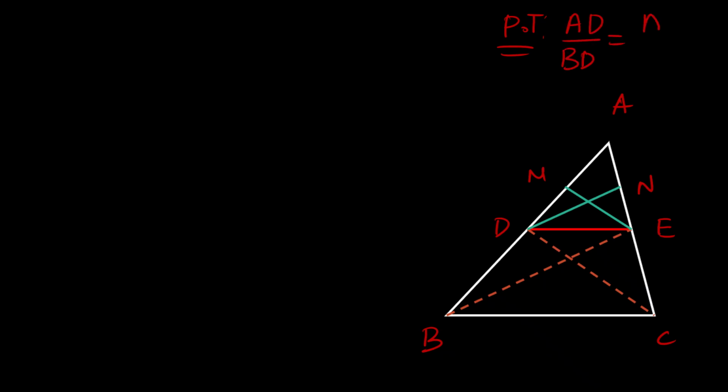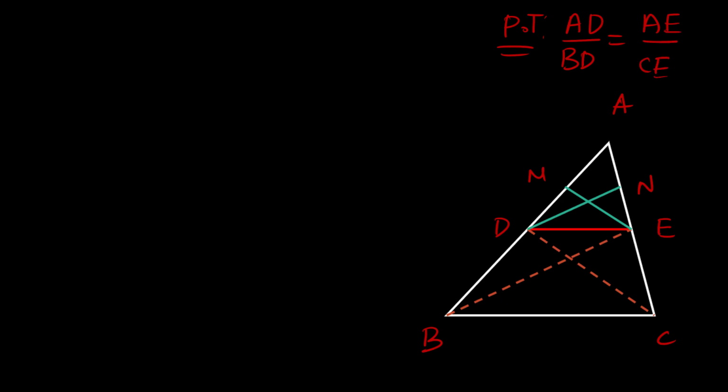Considering the same triangle and marking the respective points A, B, C, D, E, M and N, what we need to prove is that AD by BD is equal to AE by CE.